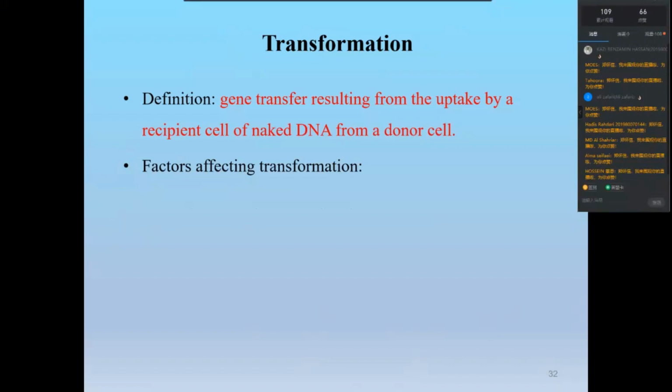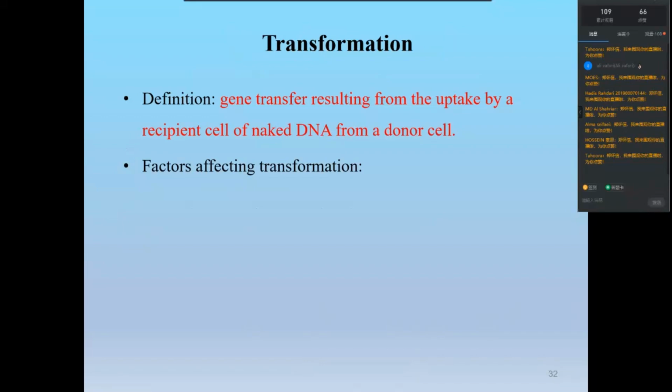The donor cell can give some DNA out, and the recipient cell can take up the DNA into the cell. After taking up, the DNA must be expressed to change the recipient cell, to contribute some new property, and that we call transformation. So you transform the recipient cell to a different state.